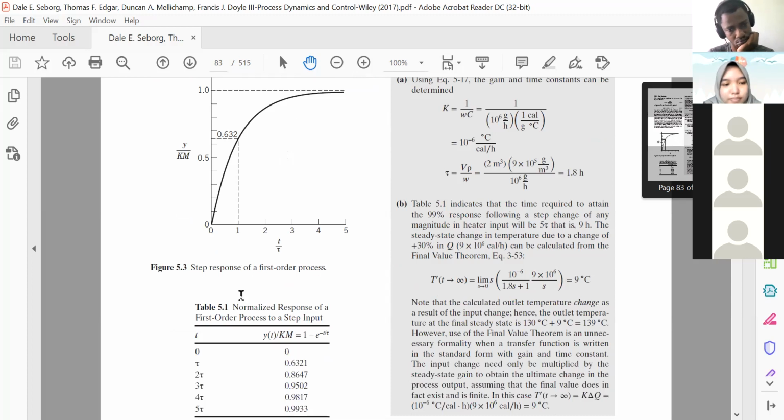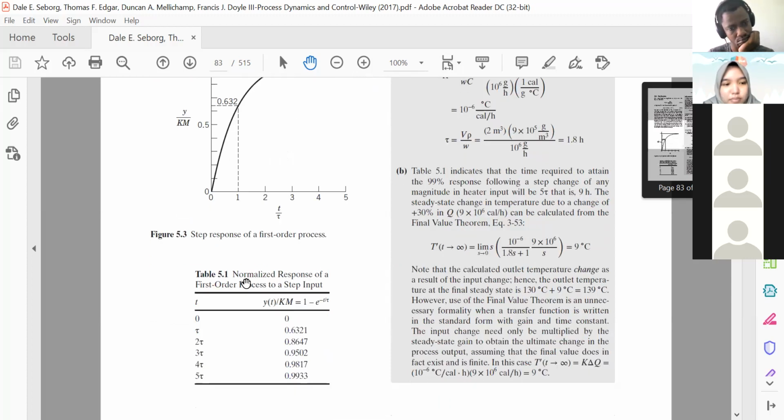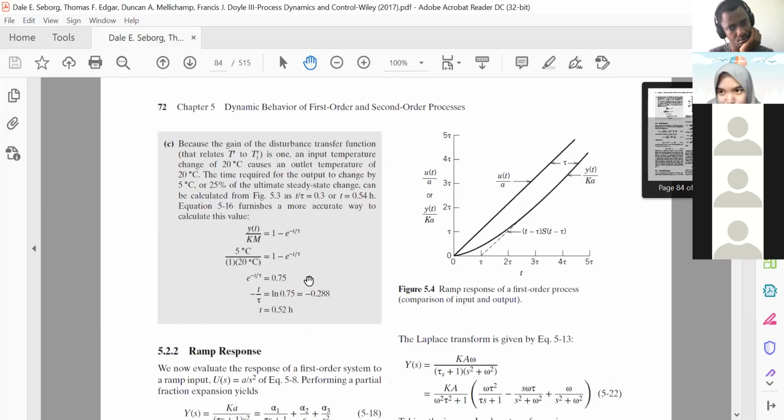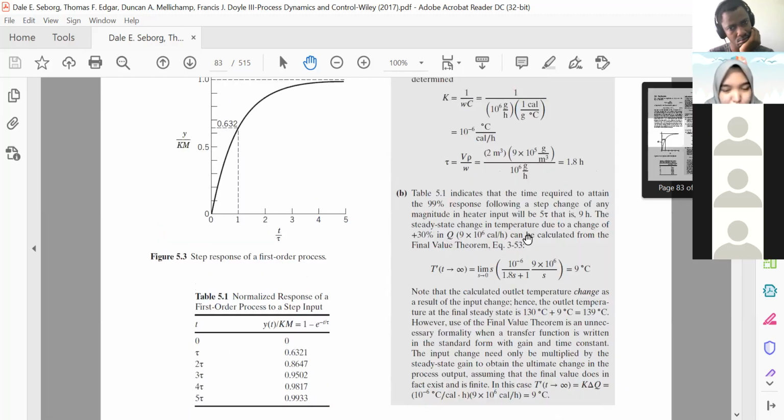This is the normalized response of a first order process to a step input. So at t equals tau it will be equal to 63.21%, and when t equals 5 times tau, it will be equal to 99.33% of the final value of the output.